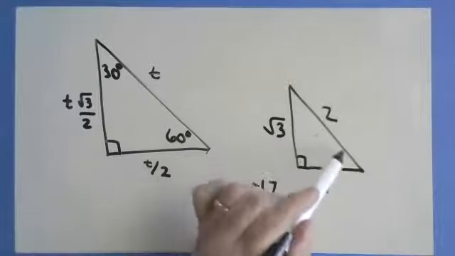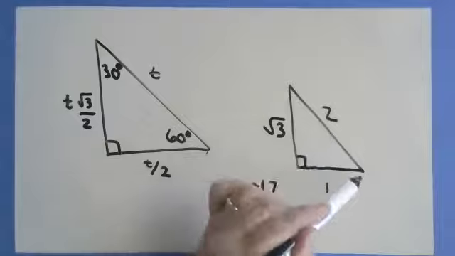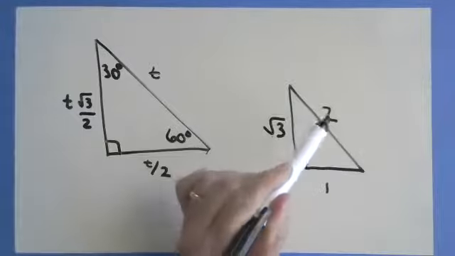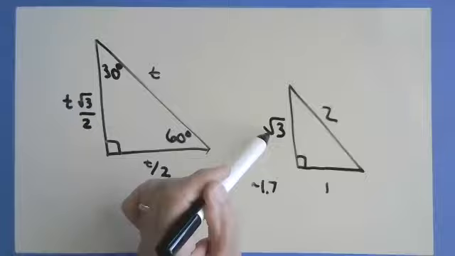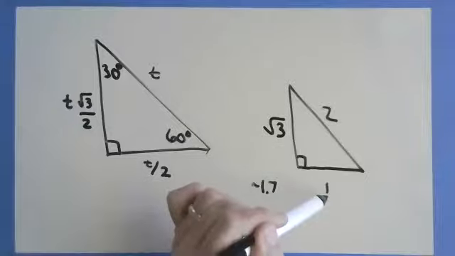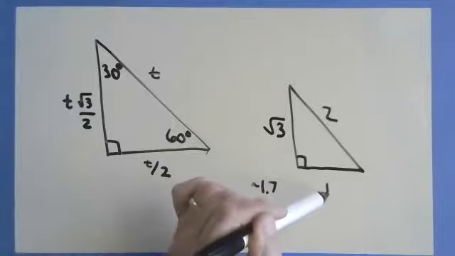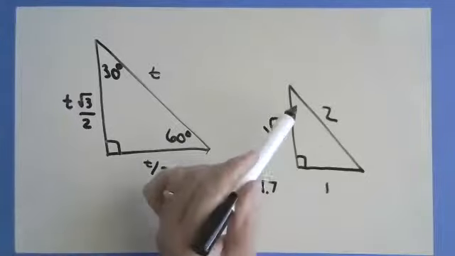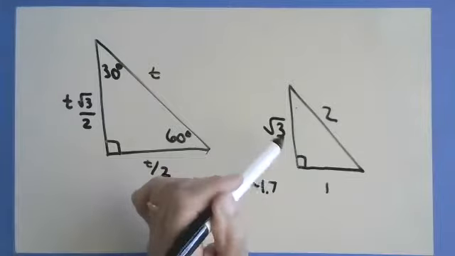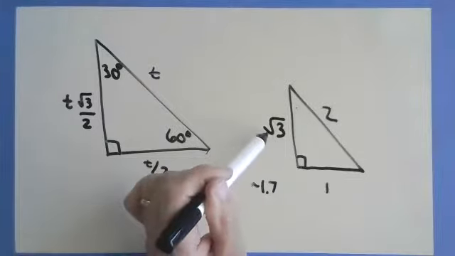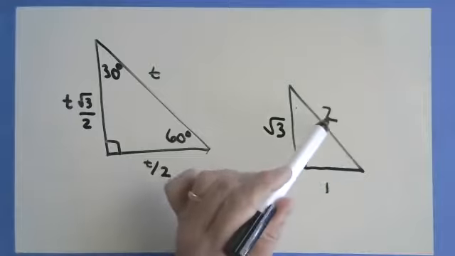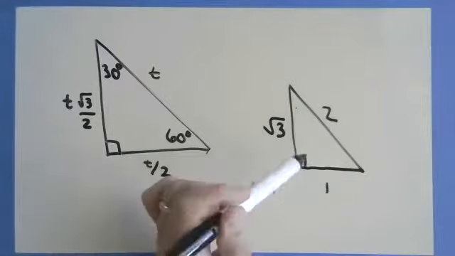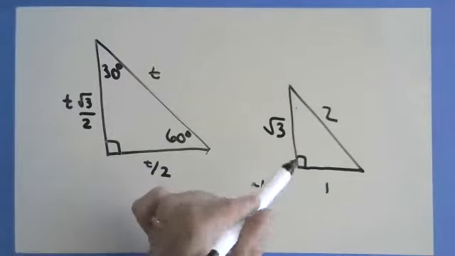The hypotenuse is always the longest side on a right triangle. 2 is bigger than the square root of 3. The square root of 3 is bigger than 1. So you have to remember that the shortest side is opposite 30 degrees. The square root of 3 is opposite the 60 degrees, and the hypotenuse is 2, which is opposite the right angle.